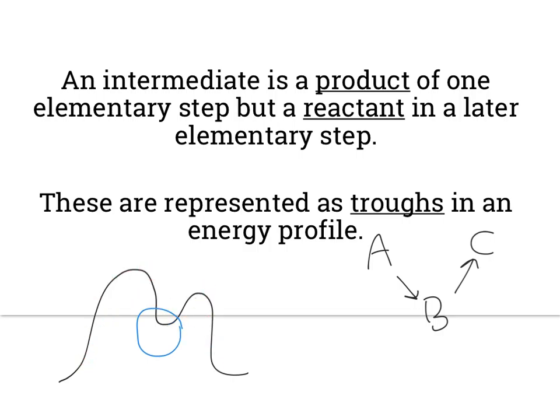Now, these often can be labeled. They may be very brief, but you often can label them. You can see that this is a part of our reaction, it's just not part of the final. So when you're writing your balanced equation, these won't show up because they're not part of a reactant and not part of a product, but they are an integral part of it, and typically a reaction mechanism can show them.